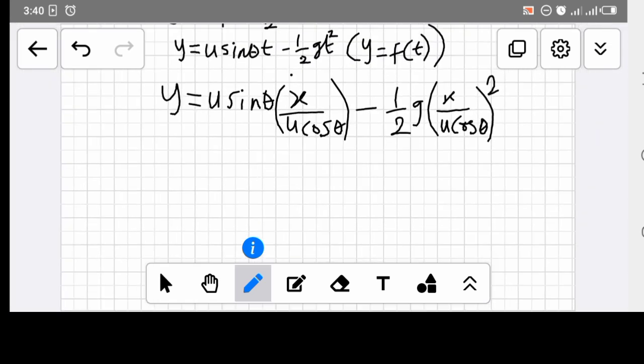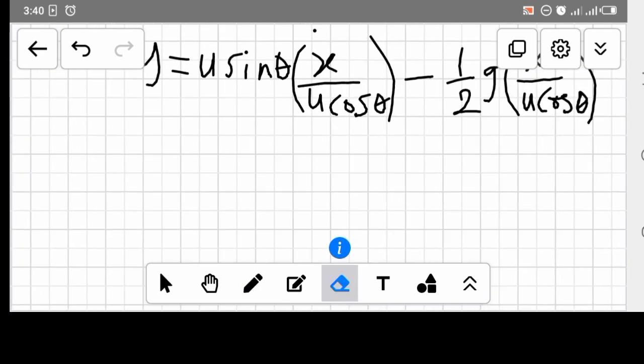So what next are we going to do here? Let us try to do the simple maths left. So here now I'll be having y equals u, we definitely cancel u.